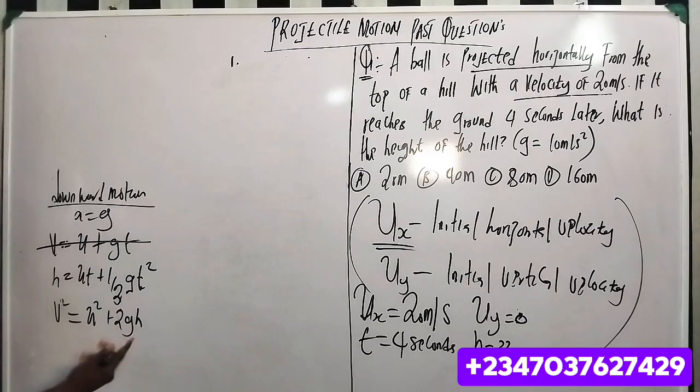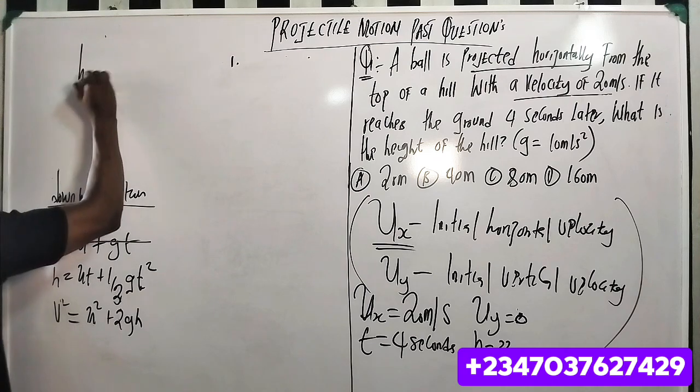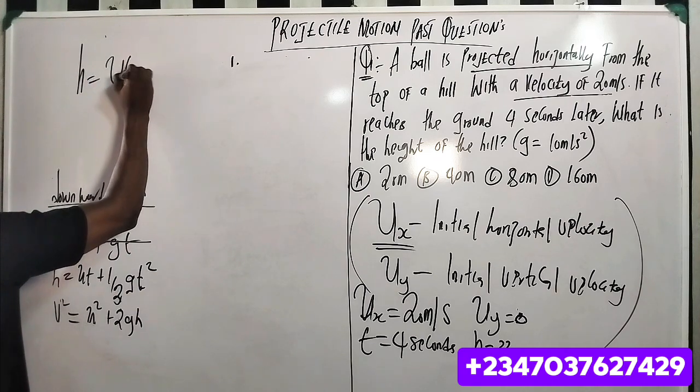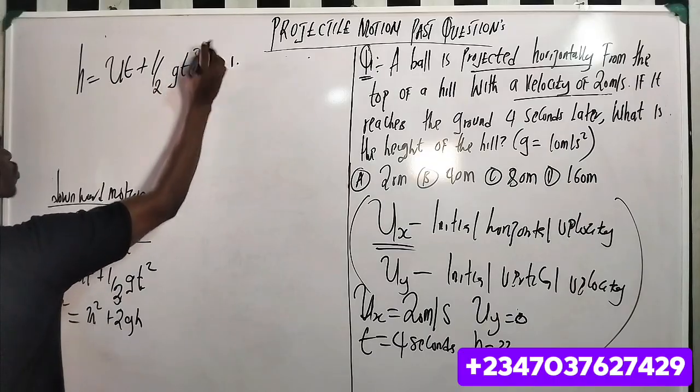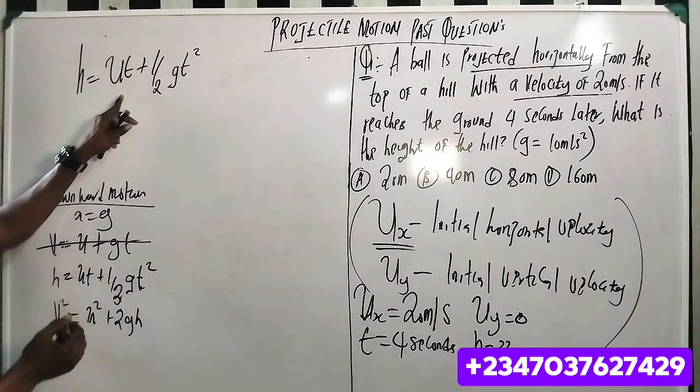There's no time here, so it is obvious that this is the one we are going to make use of. So we are now making use of h equals ut plus half gt squared.